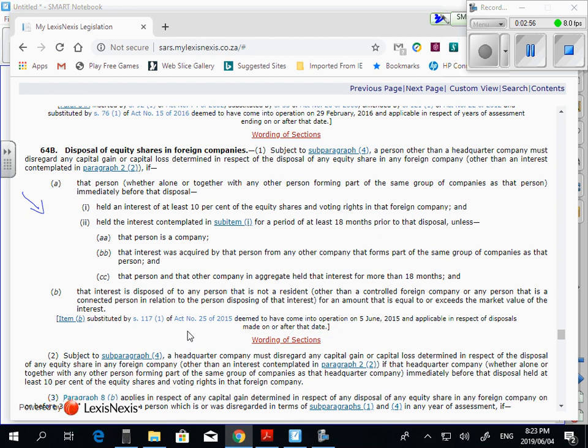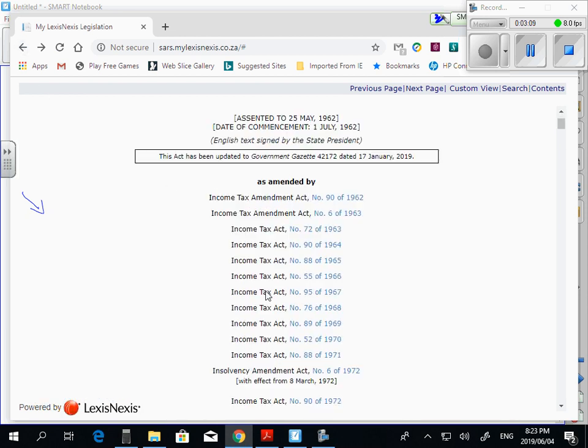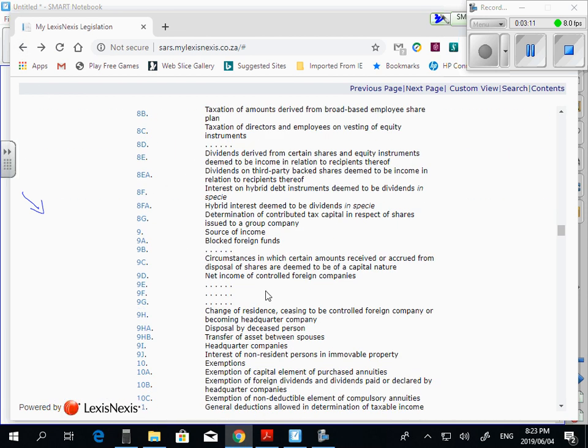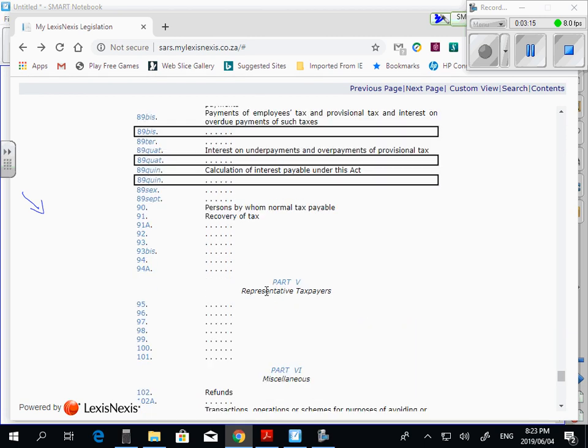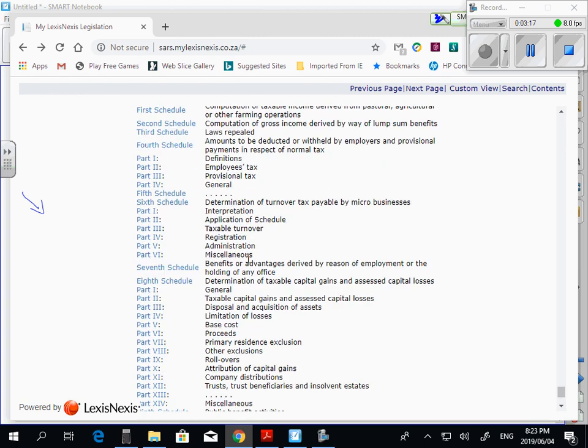You've got 64B, which is for the sale of shares in a foreign company. And what I also want you to have a look at is this section, 19(1)(a), before I actually do the liquidation with you.